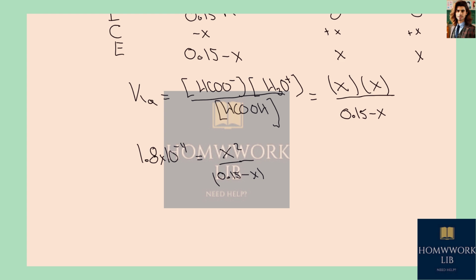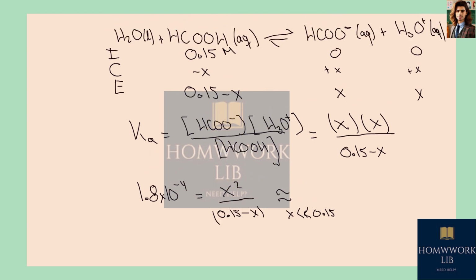But in this scenario, we can assume that x is going to be much smaller than 0.15. Why can we assume that? If you look at the ICE table, the value for x is equal to the concentration of H3O plus.